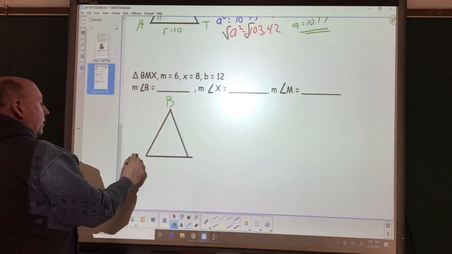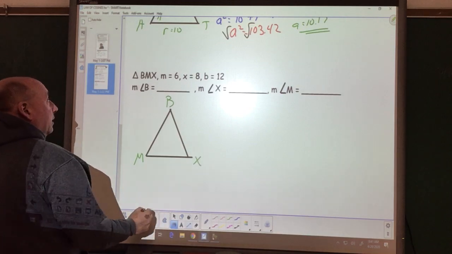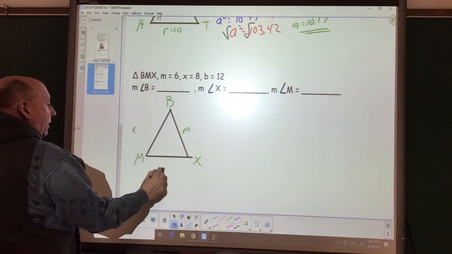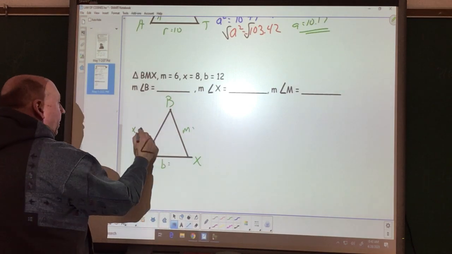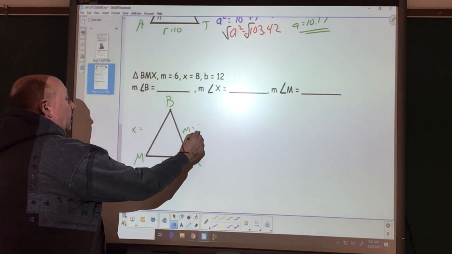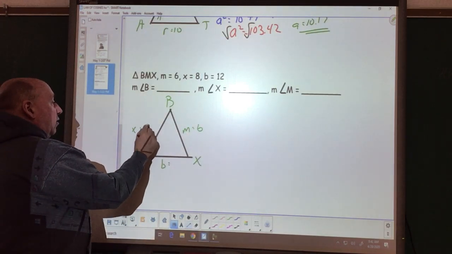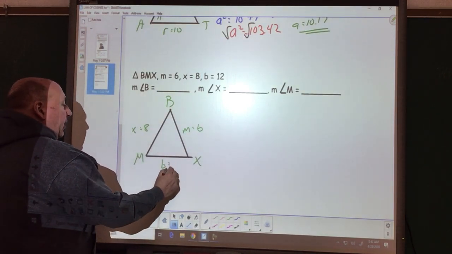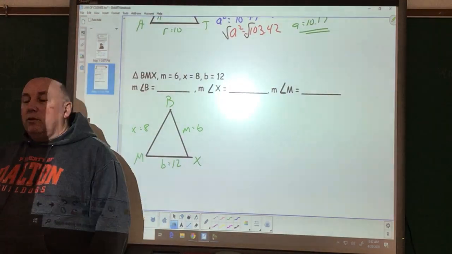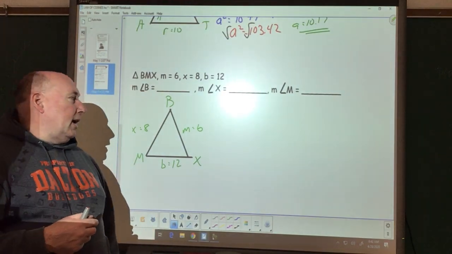Here's my B, here's my M, here's my X. Let's see, the little m, little x, little b. Little m is a value of 6, little x is a value of 8, and little b is a value of 12. We need to find the measures of angles here.